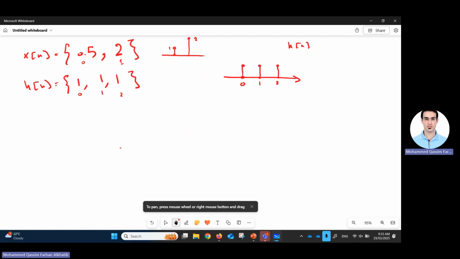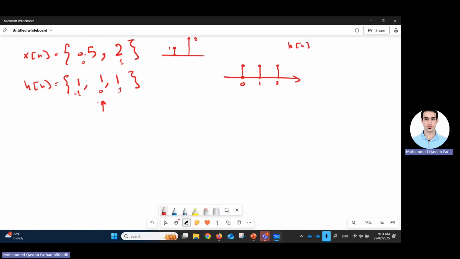Now, let's say I want the sequence to start from a different point than 0. How to deal with that? You can simply put an arrow. If you see an arrow like this, it means that my index number 0 is here, at the center. So in this case, this is index number 0, this is index number 1, and this is going to be index number -1.